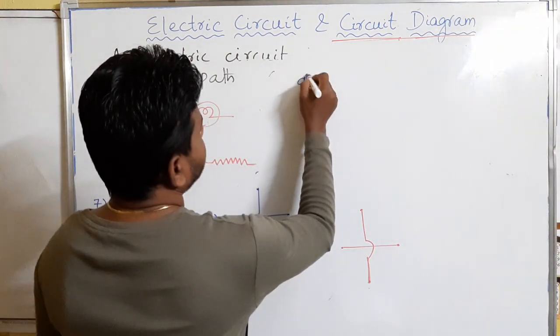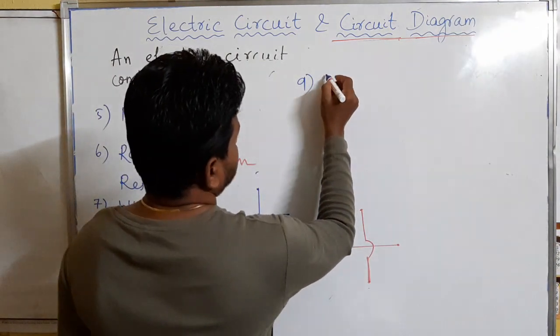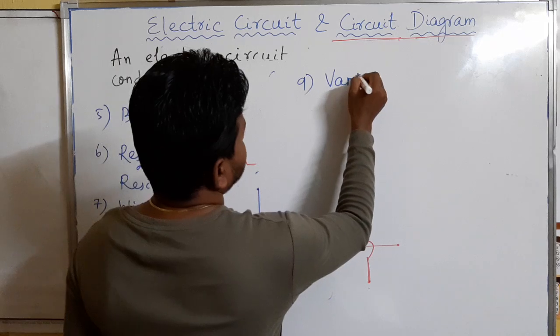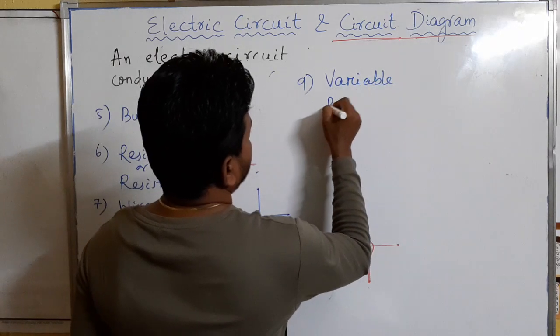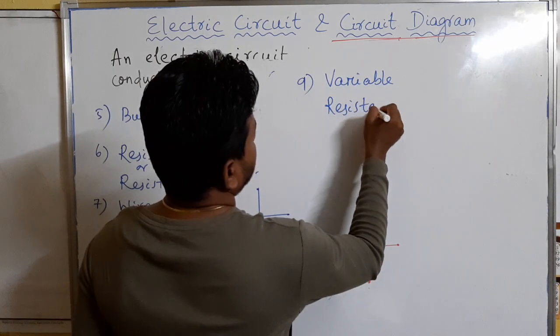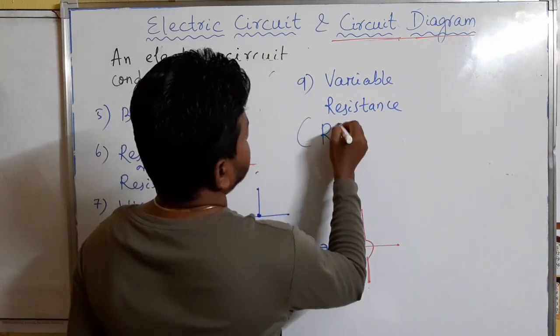Then one is variable resistance, which is also known as rheostat.